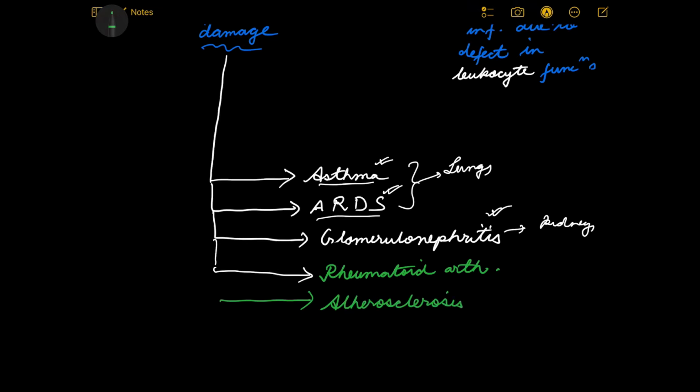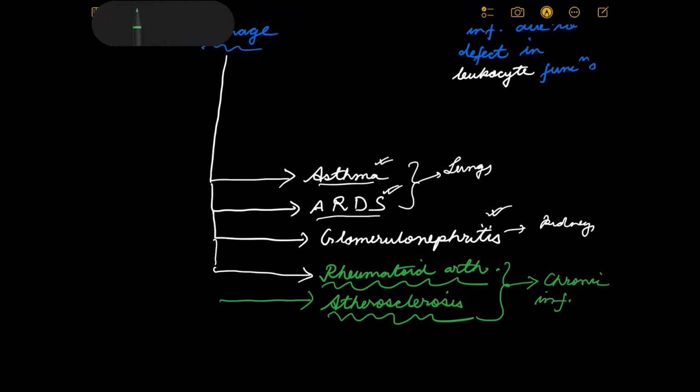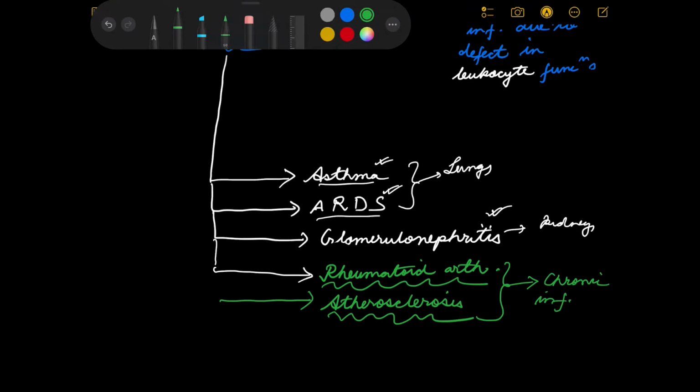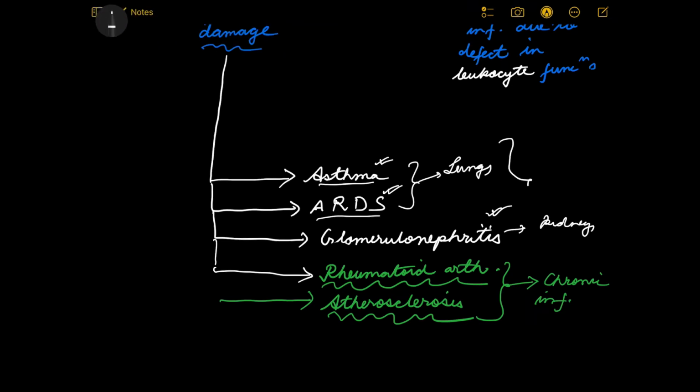Atherosclerosis. I'm inking these with green because these are conditions which are associated with chronic inflammation. And these white ones are more or less conditions which are acute inflammation.